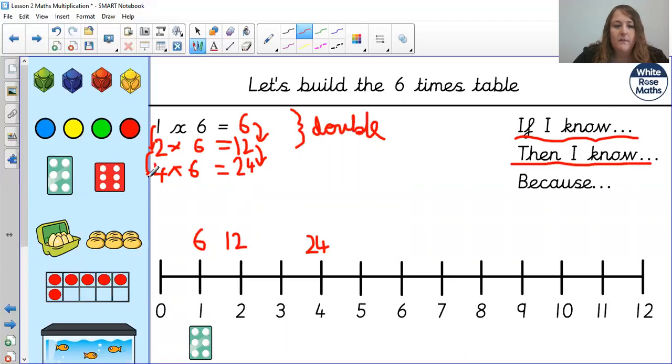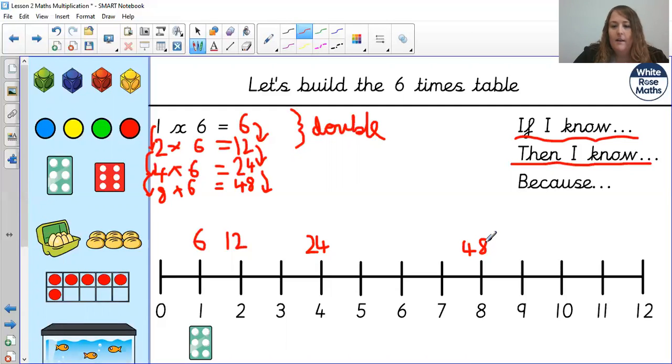Final doubling fact from this one. If I know 4, I know 8. So 8 times 6, I can double my answer yet again. Double 24, double 4 gives me 8, double 20 gives me 40. So I can start building my table over here.